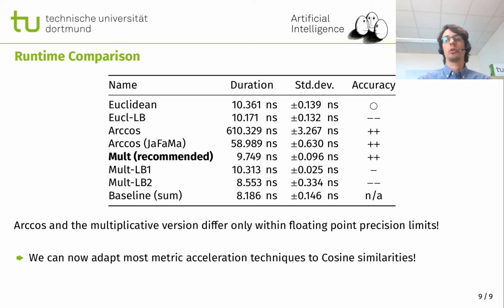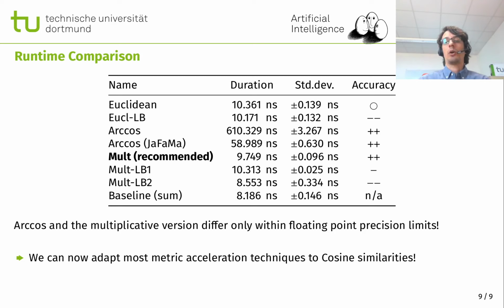So we already looked at the accuracy before. This is the runtime. We did some Java JMH benchmark, so micro benchmarking with the standard tools for this. We have a baseline in here, which is just taking the sum of all the vectors. And we can see that Euclidean distance is slightly more expensive than taking the sum of the data, but it's not very expensive.